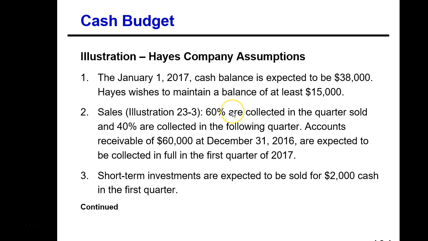Accounts receivable of $60,000 was due at December 31st, 2016, and is expected to be collected in full in the first quarter of 2017. We have some short-term investments that are expected to be sold for $2,000 in the first quarter. So these are some of the assumptions that we have for our cash budget projection.